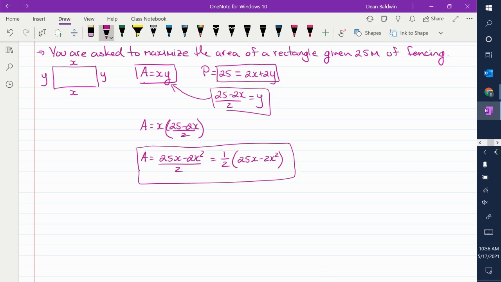Now, I have one equation with one variable, right? It's easy to derive that.